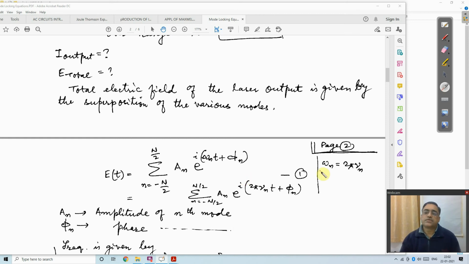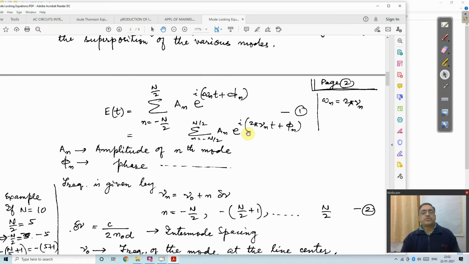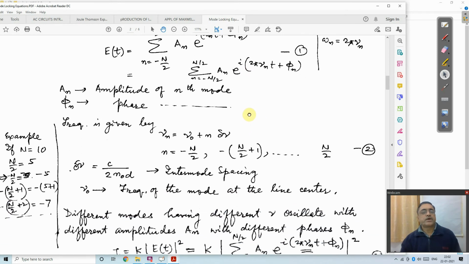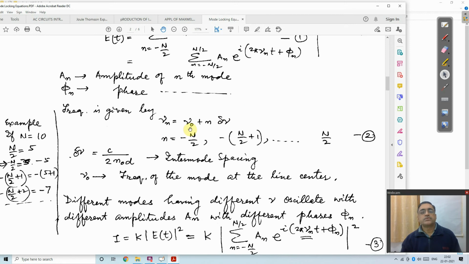We see that omega n is equal to 2 pi nu n. So A n is the amplitude of the nth mode, phi n is the phase, and the frequency is given by nu n equal to nu 0 plus n delta nu.